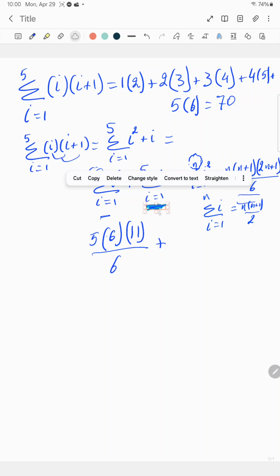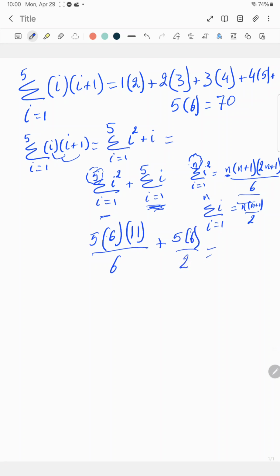So n is 5, and n plus 1 is 6, divided by 2. If I want to add this, 6 divided by 6, I can take it out. So this becomes 55 plus, and 6 divided by 2 is 3, 5 times 3 is 15, and this is 70. So I got the same answer like that, but here I applied the formula.